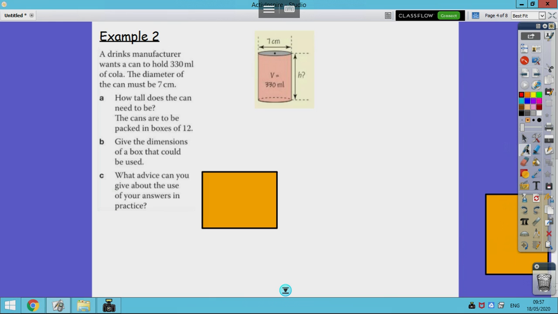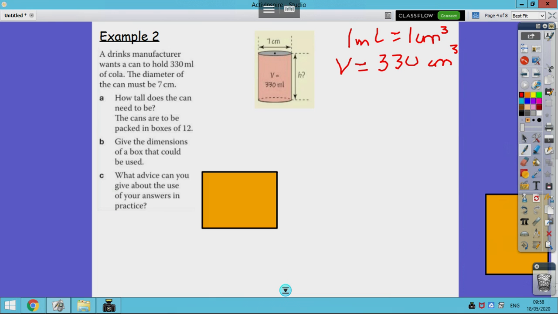In terms of volume, we already know it. The can needs to hold 330 millilitres of cola. In terms of capacity, 1 millilitre is equal to 1 centimetre cubed, therefore the volume is 330 centimetres cubed.